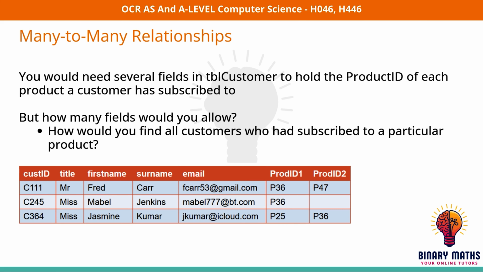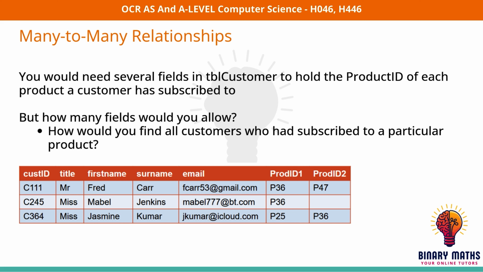But here's the catch. In a relational database, you can't directly link two tables in a many-to-many relationship. Why? Because it would create lots of problems. For example, if you try to link the customer and product tables directly, you would end up with a situation where you'd need multiple fields in the customer table to hold the product IDs of all the products a customer has bought.